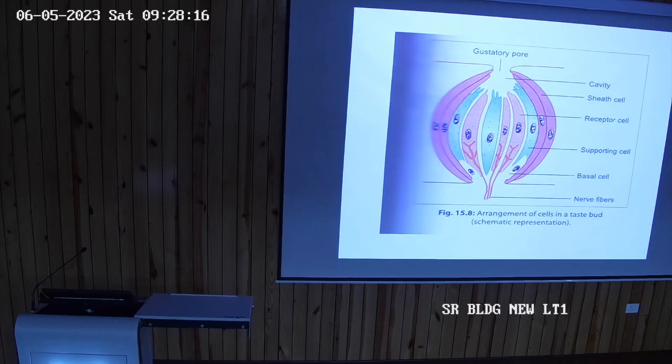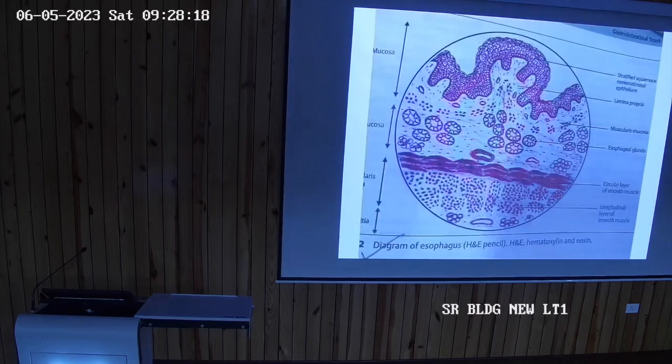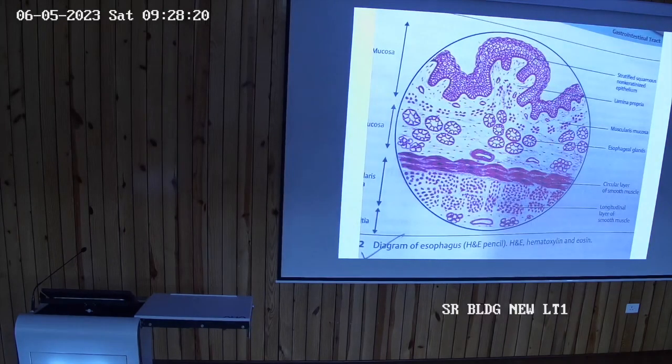After the tongue, we come to the next slide. That is the esophagus. The esophagus is about 25 to 30 centimeter tube, which connects above with the pharynx and downward with the stomach.